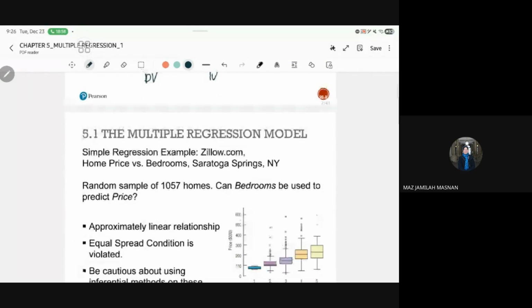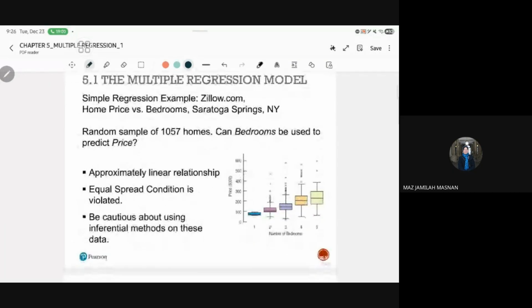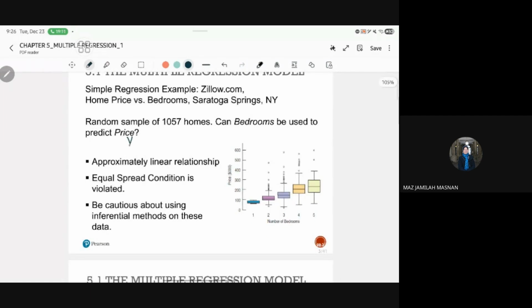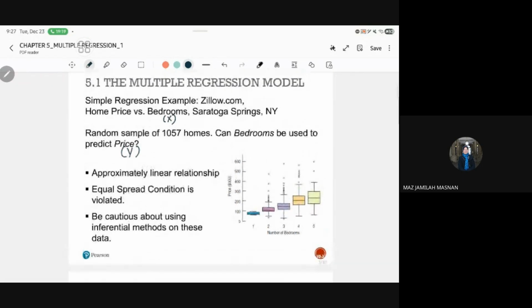Let us see one example: home price versus bedrooms. The price is your Y, and the number of bedrooms is your X. In a random sample of 1057 homes, can bedrooms be used to predict price?